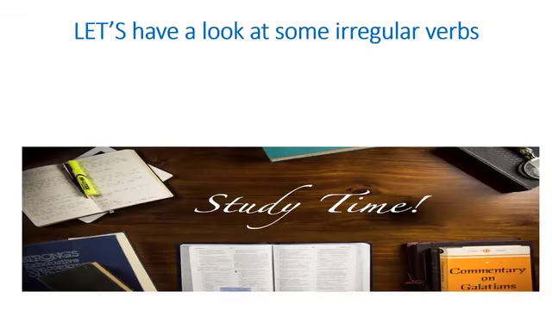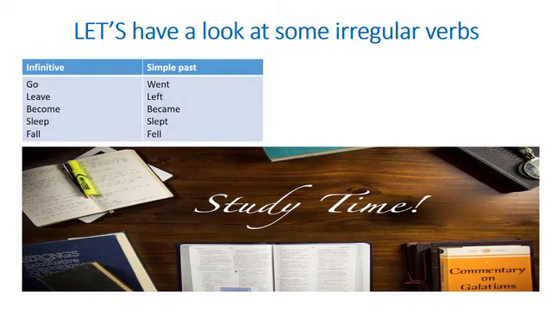So let's have a look at some irregular verbs. This is study time. Please, you have to memorize these charts, at least these verbs. There are others, but you need at least to memorize these. First chart, we have the infinitive and the simple past. The infinitive go, its simple past is went.